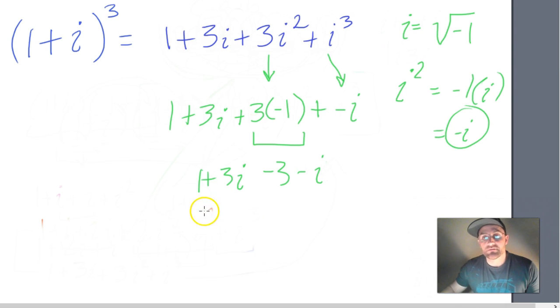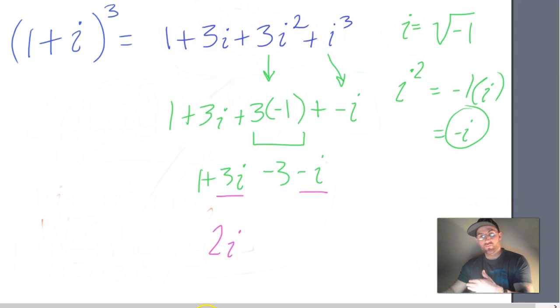So let's go ahead and take like terms. We have 3I, negative I, right? So positive 3I minus an I leaves us with 2I, doesn't it? We had 3I, took one of the I's away, we have 2I. Now we have 1 minus 3, right?